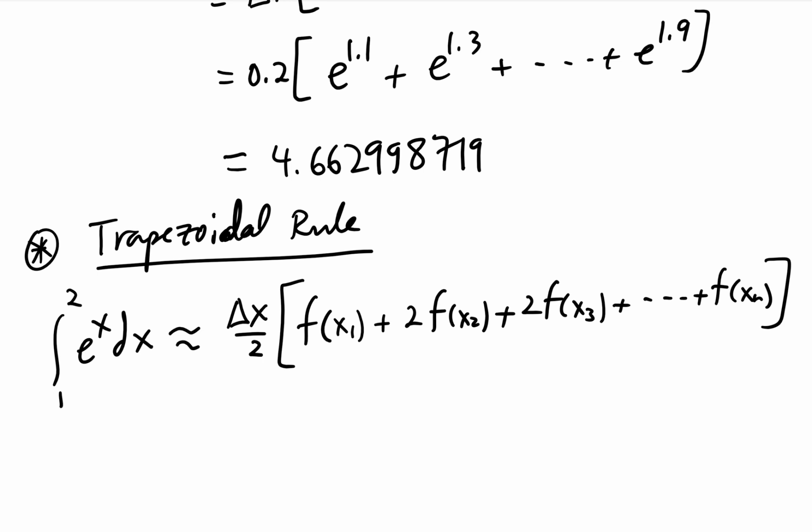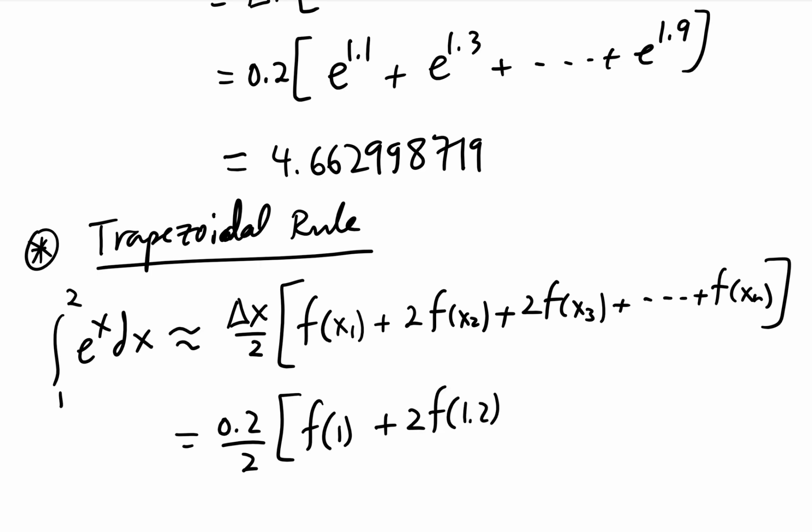So here delta x, we found it to be 0.2 over 2. F of the first value, which was 1 on the number line, was 1. Here was 1.2, the next value 1.4, all the way to the last one, f of 2.